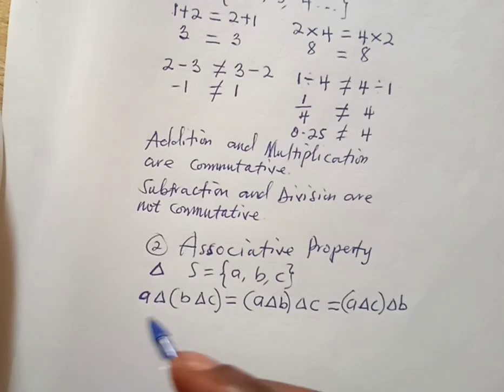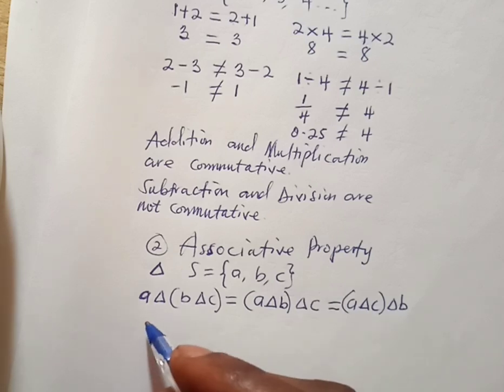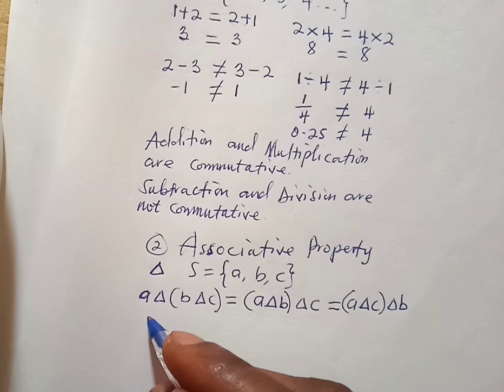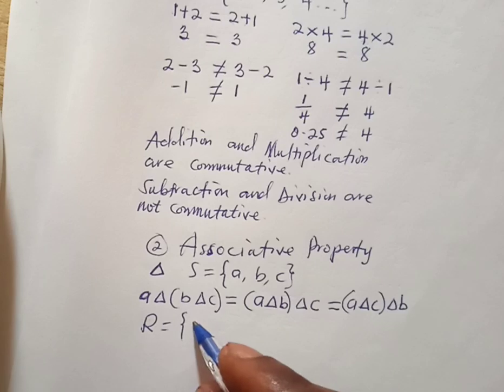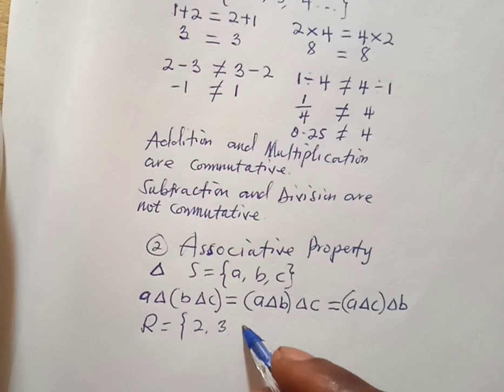So let's say we are going to pick three real numbers from the set of real numbers. I can have, for example, 2, 3, 4.